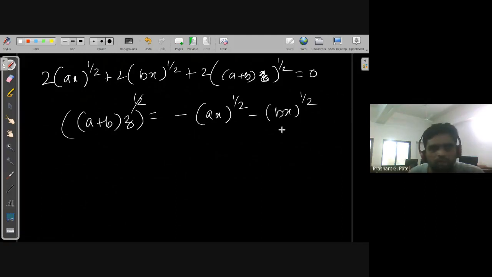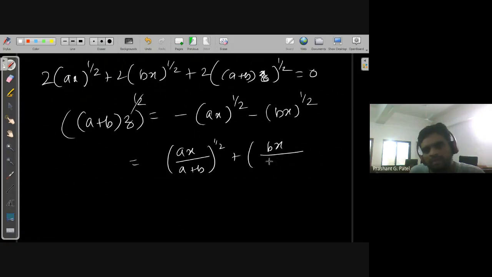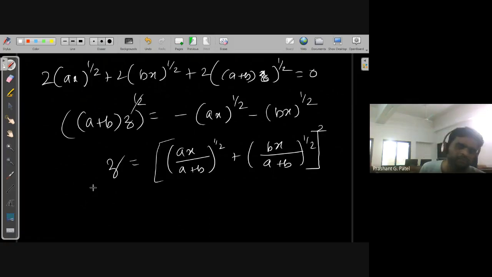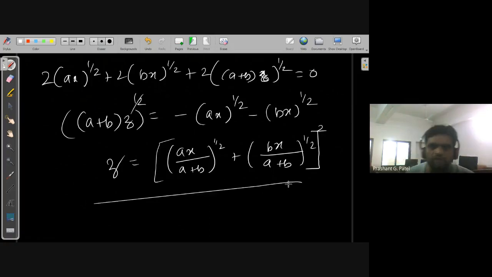If I take square both sides and divide by a plus b, that will give me (a x raised to 1 by 2 plus b y raised to 1 by 2) upon (a plus b) raised to 1 by 2, whole square, and that is equal to z on this side. So the value of z we got is this, which is the complete integral of the given differential equation.